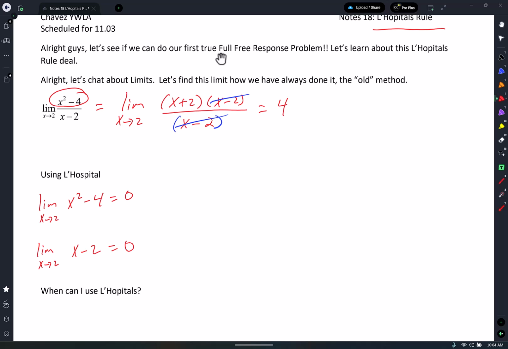You're just going to say it's of indeterminate form. Since the limit as x approaches 2 of x squared minus 4 over x minus 2 is of indeterminate form, L'Hopital's may be used.